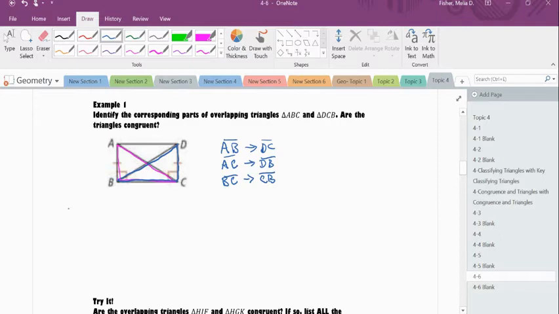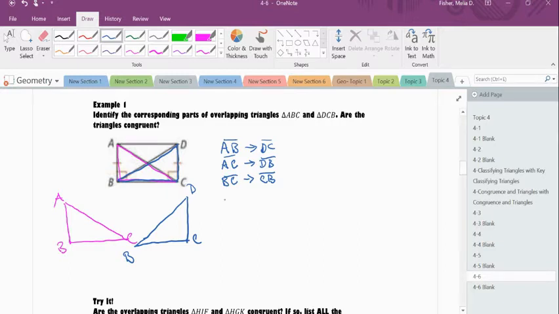So if you're looking at those triangles separated, I'm going to write that in the other color so you see. We're talking about this being triangle A, B, C, and then this being triangle D, C, B. So if we have sides corresponding, then we also have angles corresponding.